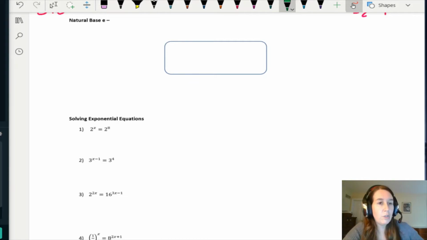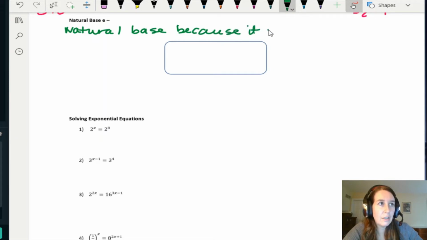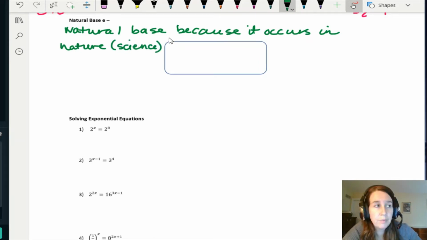So the natural base e is called the natural base because it occurs a lot in nature. And so we're going to be looking at a lot of science-based applications when we use e.